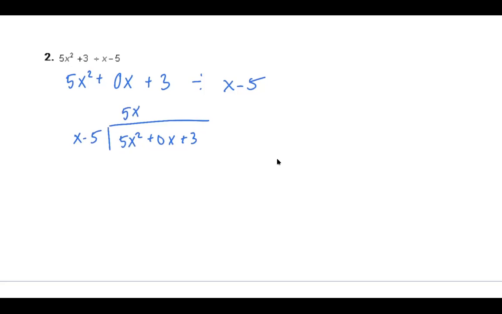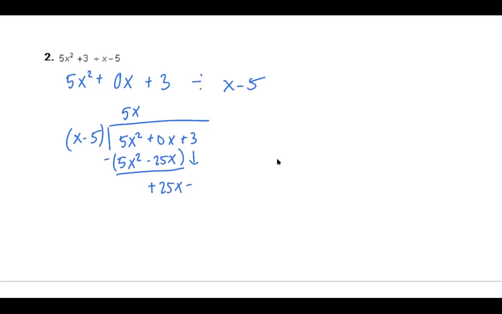Then I multiply this entire quantity. So I've got 5x squared minus 25x. Now that's a quantity, so minus a minus, I end up having 25x.